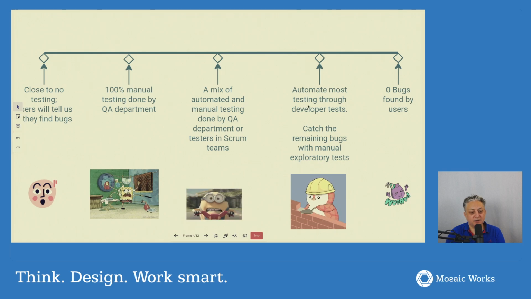So between these, there are a bunch of strategies that you can do. And the first one that many organizations did was to create a QA department and do manual testing.